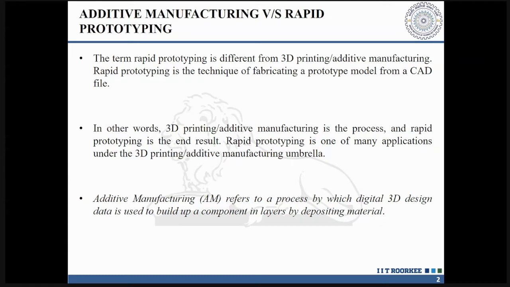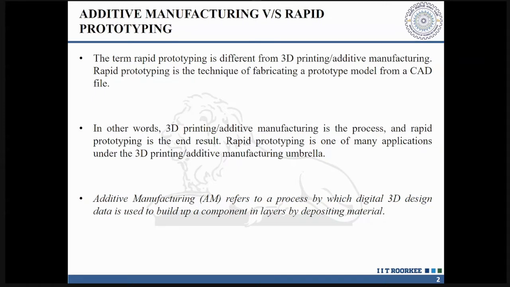A soft model is that particular model which you can visualize on your computer screen, whereas a hard model is that particular model which is in front of you and you can feel it. Now, all those methods by which you can convert a soft model on your computer screen into an actual product are called additive manufacturing methods.